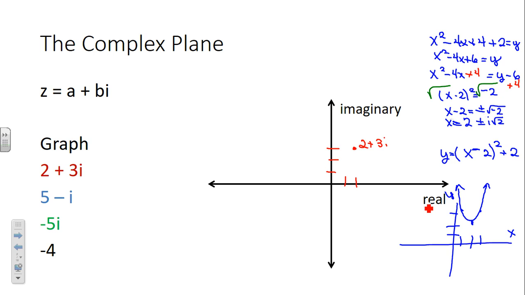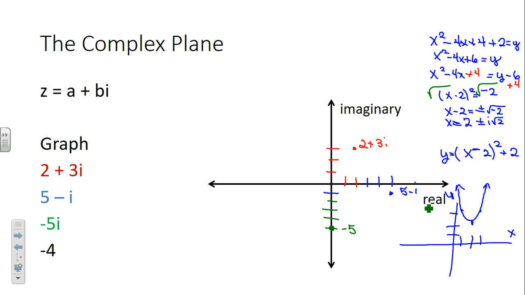Okay. Where will 5 minus i be? Right, 5, down 1. Okay, where is negative 5i going to be? 0, negative 5. 0 to the right, and negative 5 in the imaginary direction.